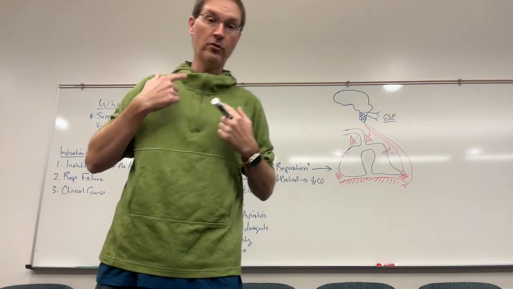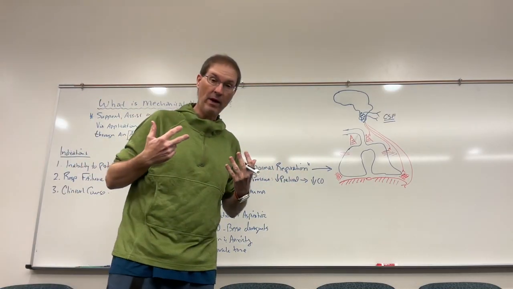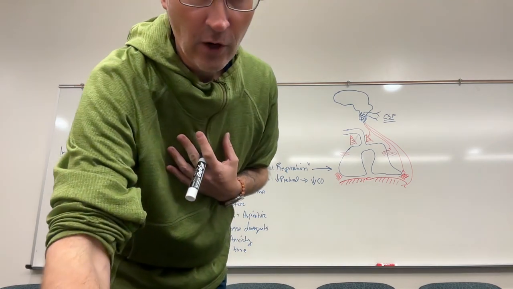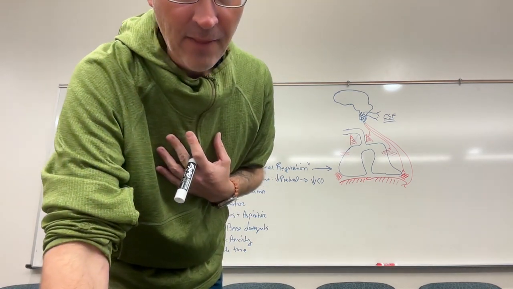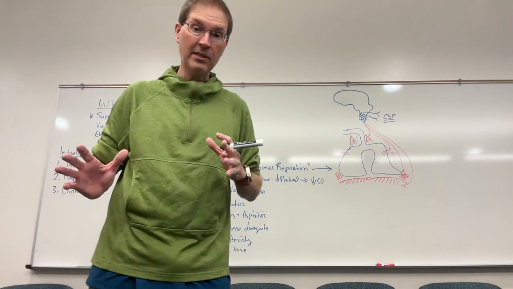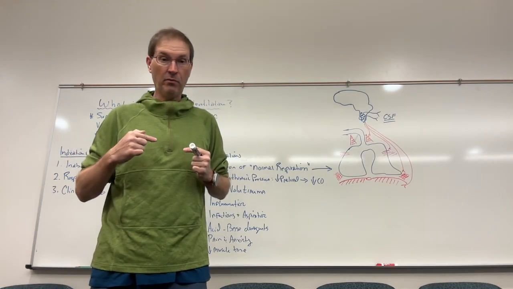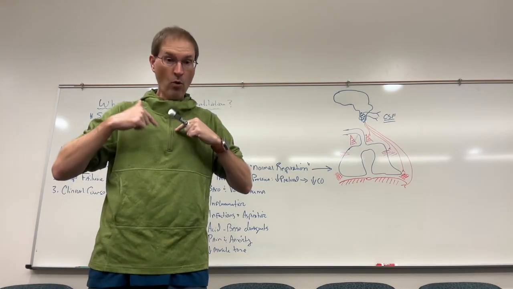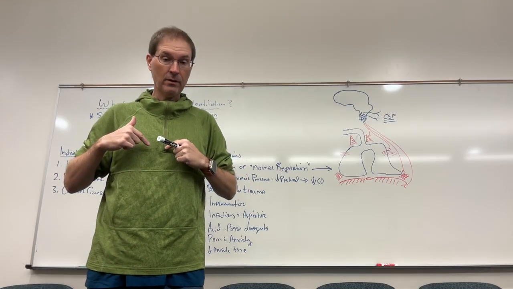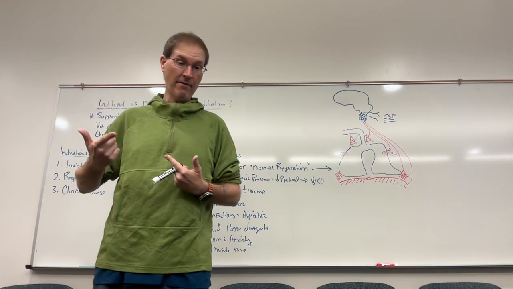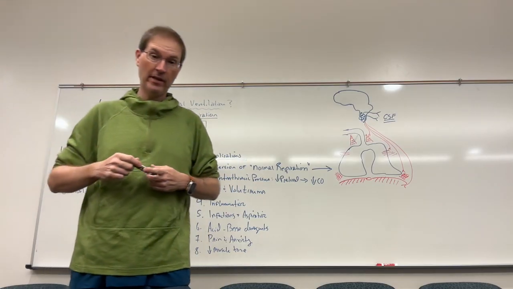That could be with an endotracheal tube, that might even be with a supraglottic airway, but there needs to be some sort of artificial airway. And that is an important concept because, as we're going to talk about in a little bit, the way that we normally breathe is very different. It's in fact a 180 from what happens with mechanical ventilation.